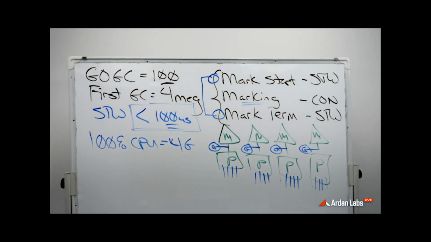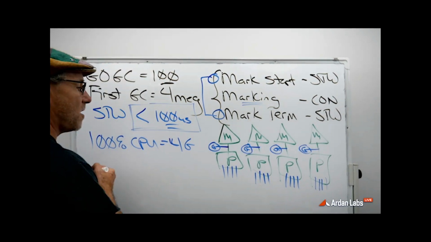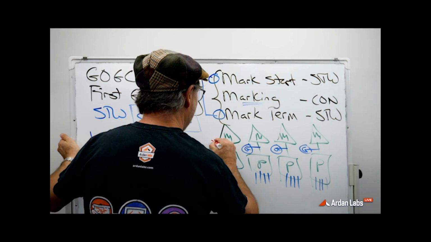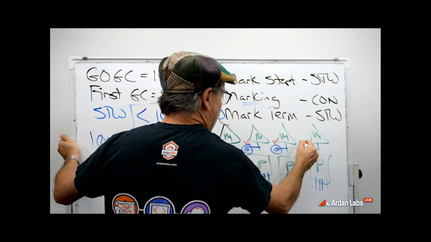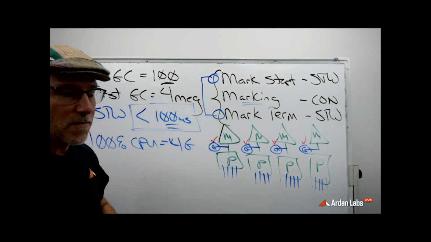Now again, the first phase of the garbage collection is a stop the world phase, which means that we've got to stop every single Go routine from running on that M in order to complete this phase. Now the question is, how long is that going to take? It really depends on a few things.